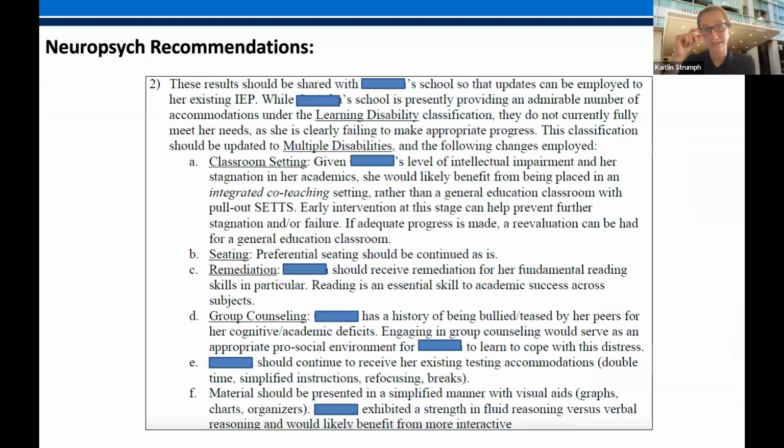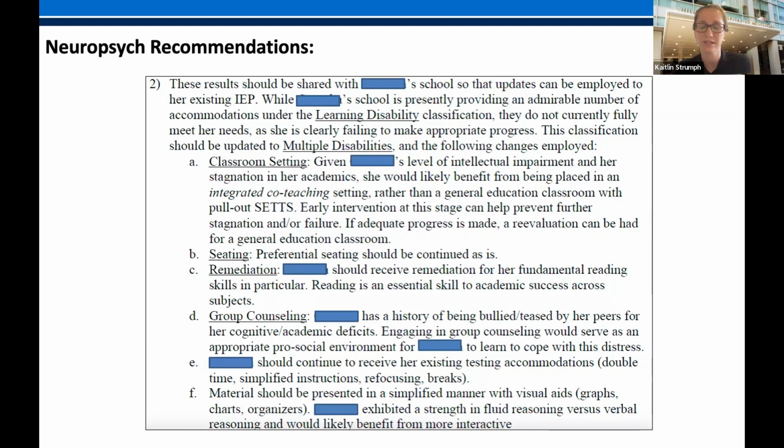So this is just an example of what the neuropsych recommendations will look like. You can see in A, it says classroom settings. It'll give suggestions for what type of placement she should be in, what type of setting she should be in, whether or not she should be pulled out.